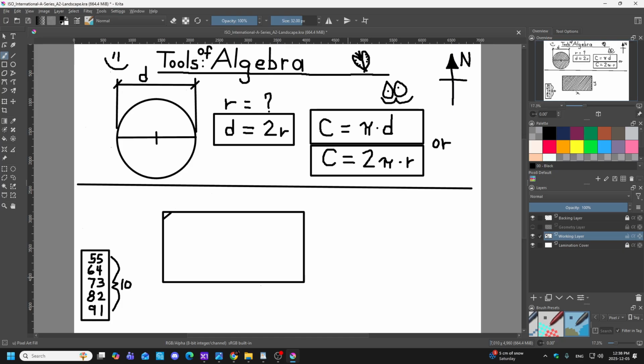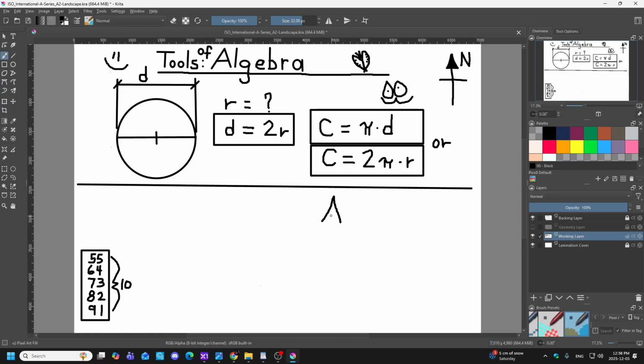Now we'll clean that all up. And so the formula. Okay. The formula for the area of a circle. I'll just do it right here, I guess. Area equals pi times r squared.